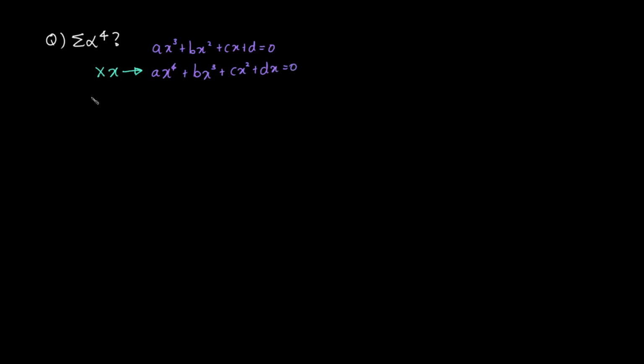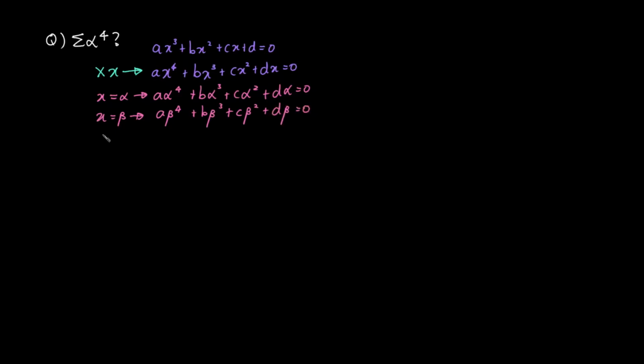Now since x is equal to alpha, because it's the root of that cubic equation, you can directly substitute it. So it becomes a alpha to the power of 4 plus b alpha cubed plus c alpha squared plus d alpha equals 0. You can do the same for x is equal to beta, and that will become a beta to the power of 4 plus b times beta cubed plus c times beta squared plus d times beta is equal to 0.